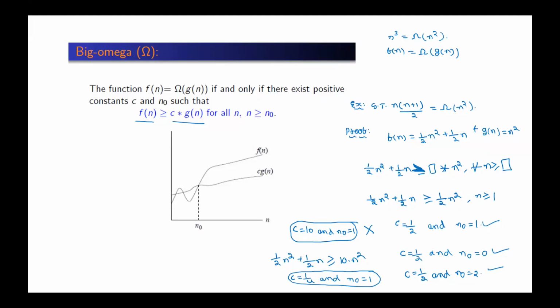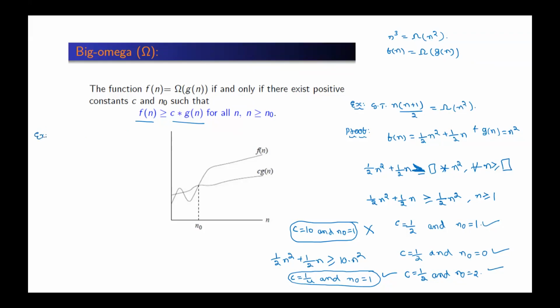So any value of c which is smaller than 1 by 2, it becomes true automatically. So even here it is very easy.